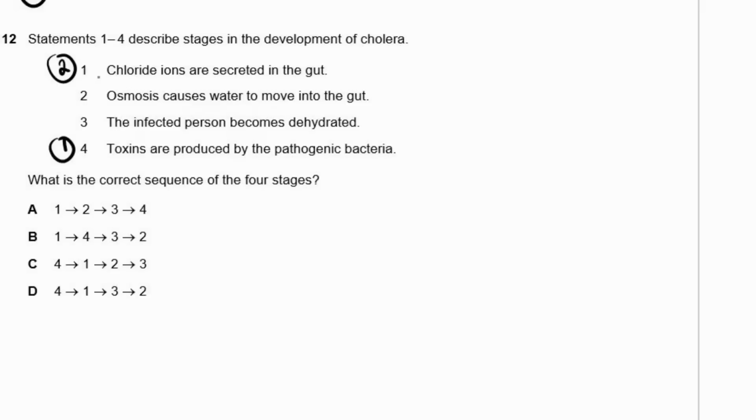Osmosis causes water to move into the gut because the water follows the chloride. And then once you have too much water in the gut, that water is no longer in your blood, in your cells, so the person becomes dehydrated. Okay, so it's 4, then 1, then 2, then 3. The answer is C.